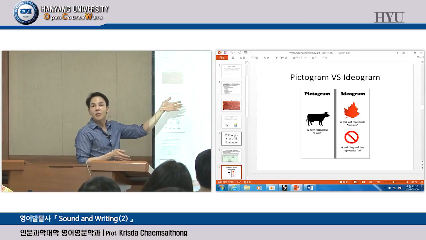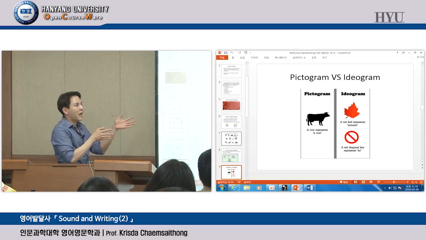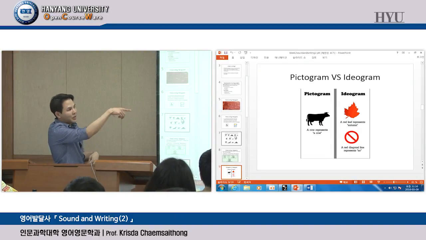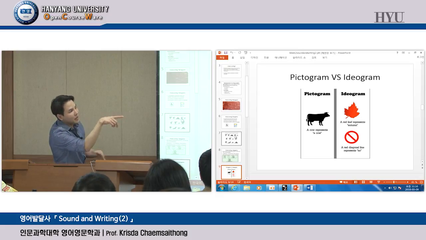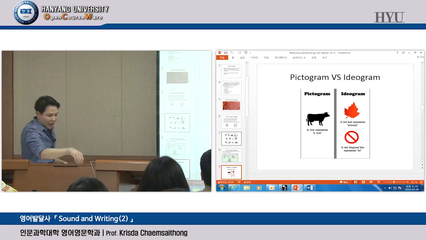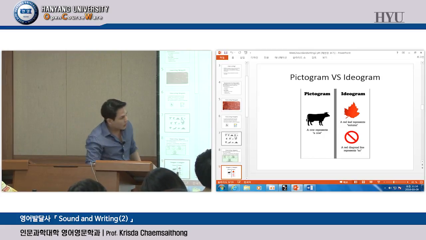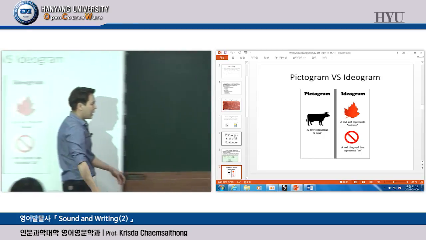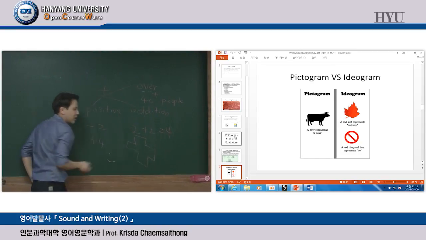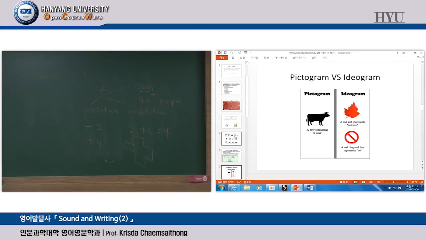So this is not a pictograph, because a pictograph is supposed to represent an object, and there's no object that is like that. Maybe there is a hospital; if we want to have this kind of thing represent a hospital or a clinic, it's still an ideogram, because that's not what a hospital looks like.